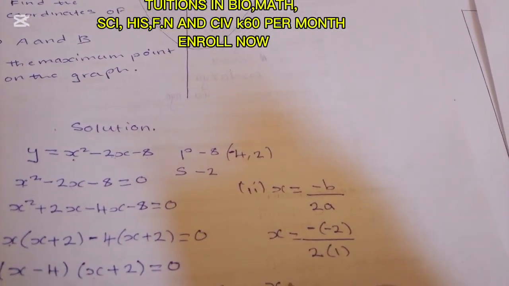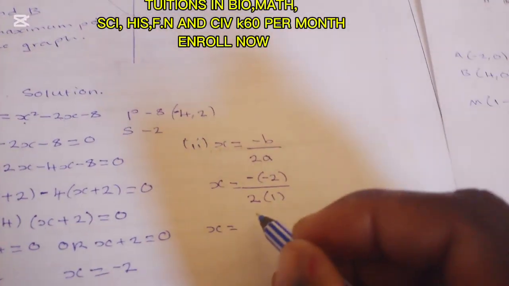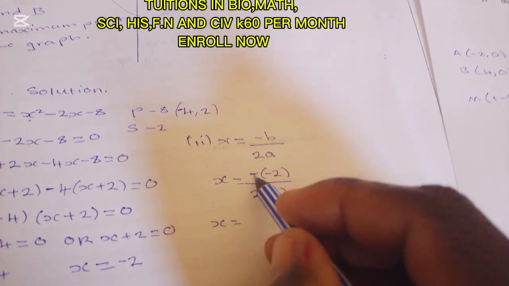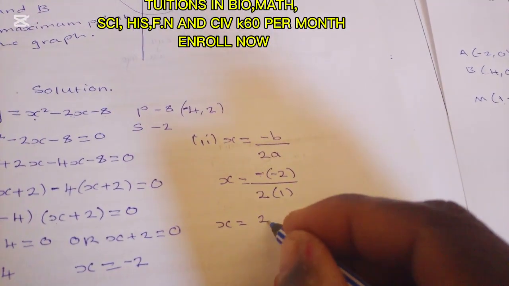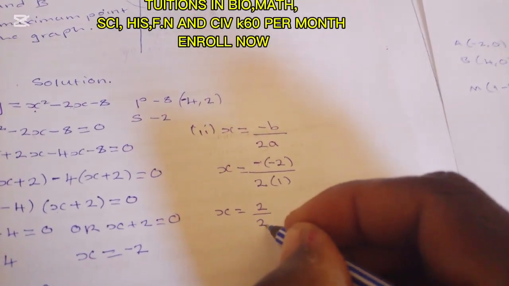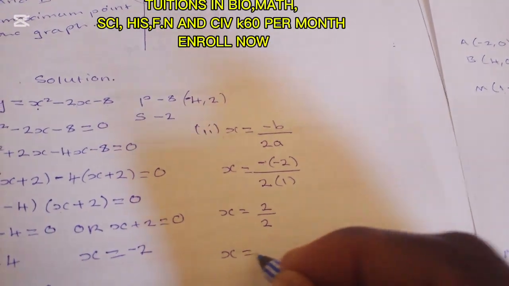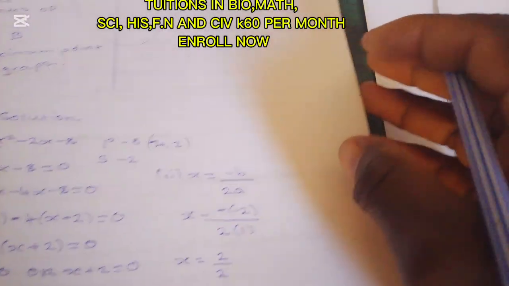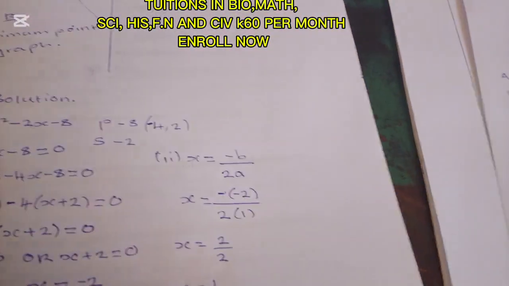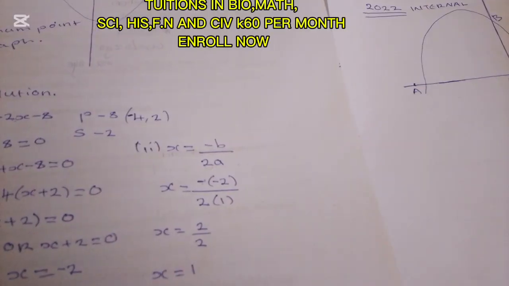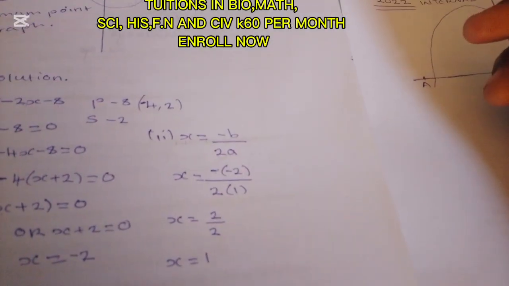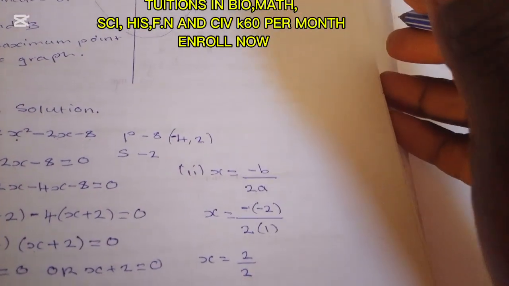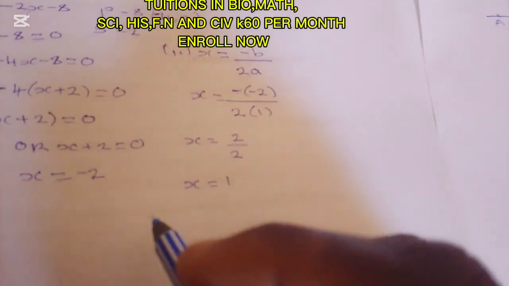Then we say x is equal to negative times negative, it's 2 over 2. Then x is equal to 1. For y, we are going to replace on the equation, this equation.